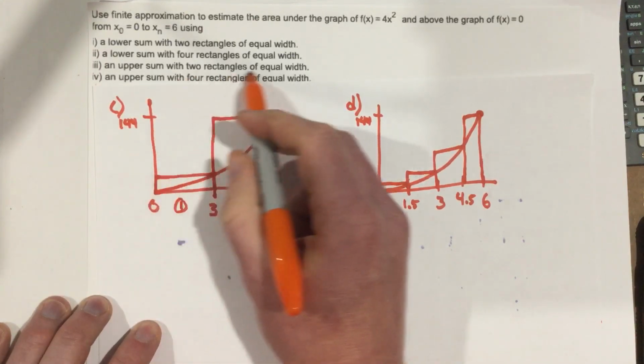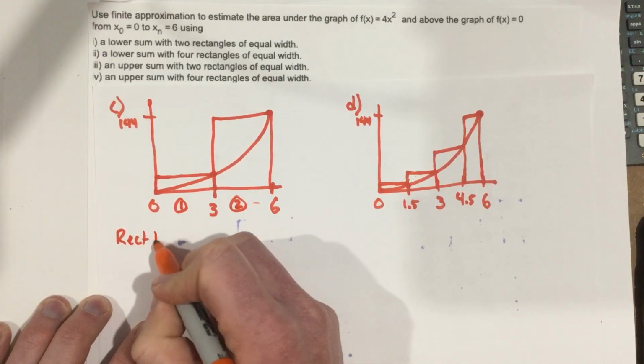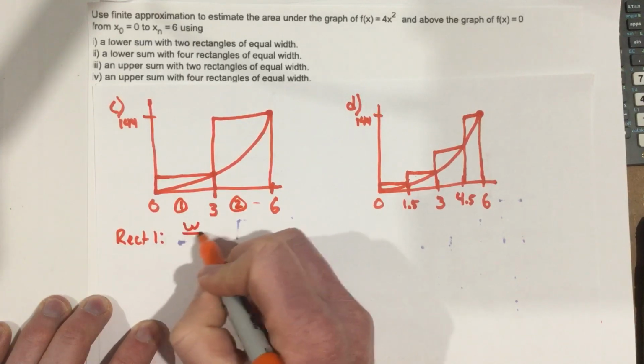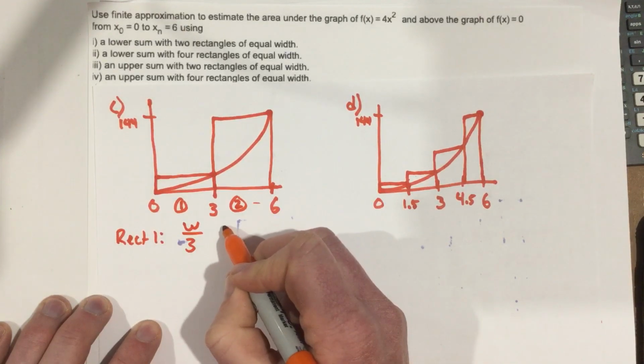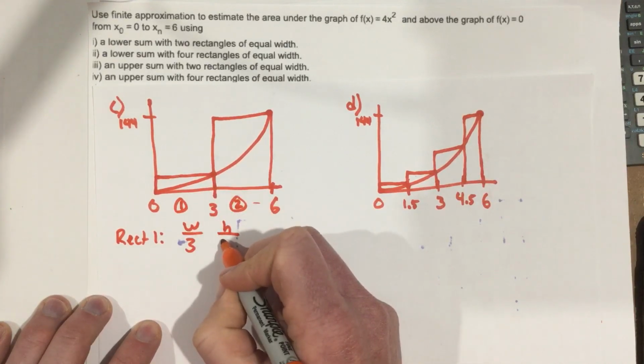So we're going to call this rectangle 1, rectangle 2. So for the 2 rectangles, rect 1 has a width of 3 and a height of f of 3.